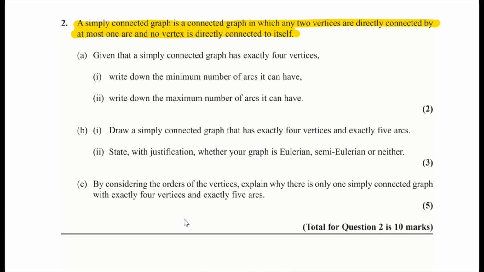Now for part B, for the first part we have to draw a simply connected graph that has exactly 4 vertices and exactly 5 arcs, and then state with justification whether your graph is Eulerian, semi-Eulerian, or neither.